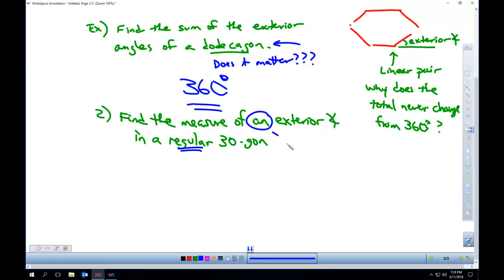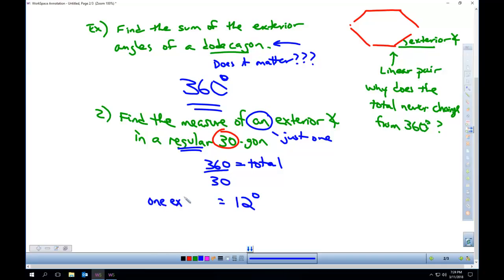It's 360. I only want one of those angles, so I'm going to take that 360 and divide it by the 30 that I have, since they're all equal to each other. 360 divided by 30 is 12 degrees. So 12 degrees is one exterior angle in that regular 30-gon.